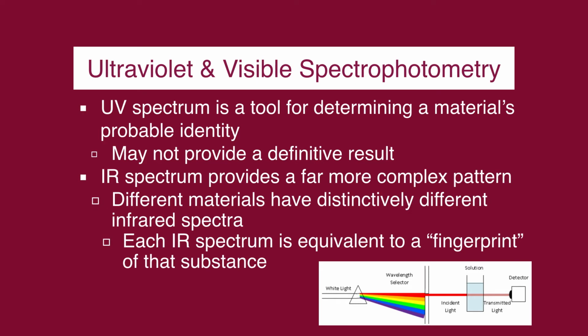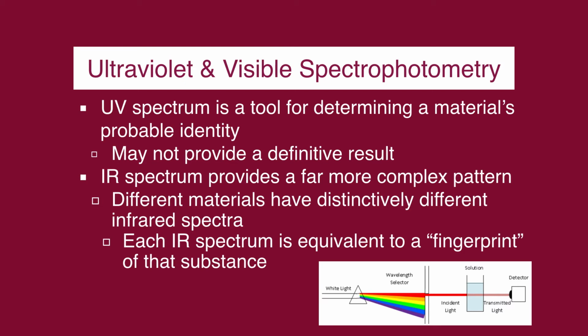When we look at the IR spectrum, which is the infrared spectrum, it creates a much more complex pattern. And so different materials have distinctly different infrared spectra. So the pattern that they create is very different between them.